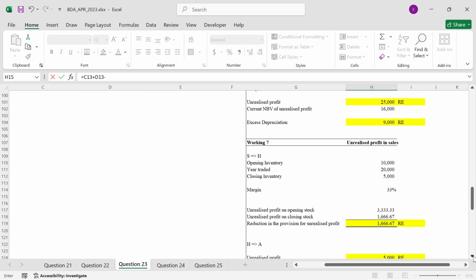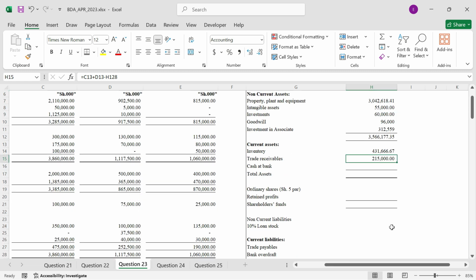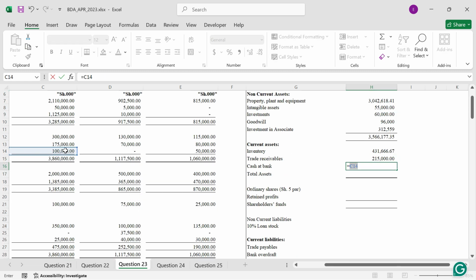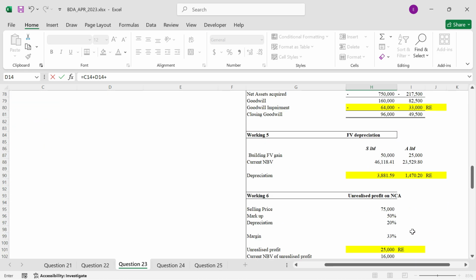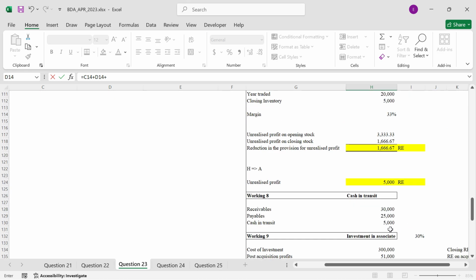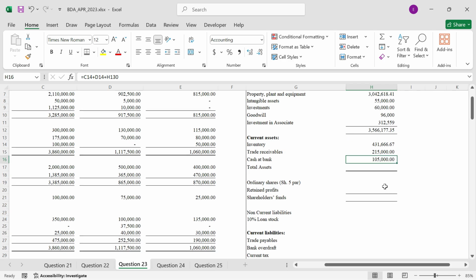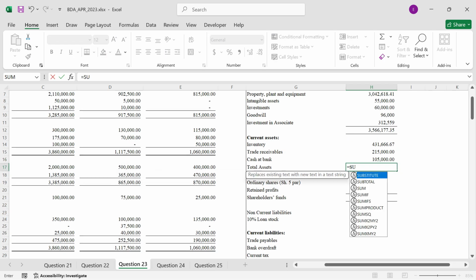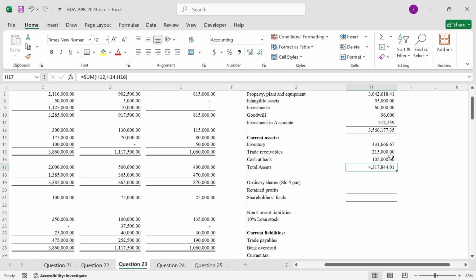So minus this 30,000. Cash at bank, there was no adjustment, I just add them together. But then there was cash in transit, right? So I combine them and then I add cash in transit of 5,000. So my total assets, sum of this and this, gives me a value of 4.317.